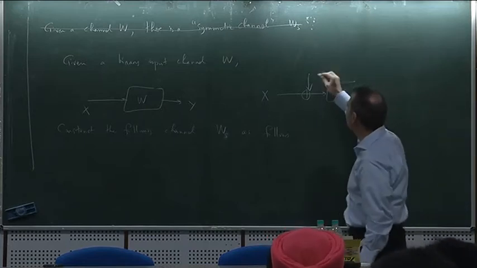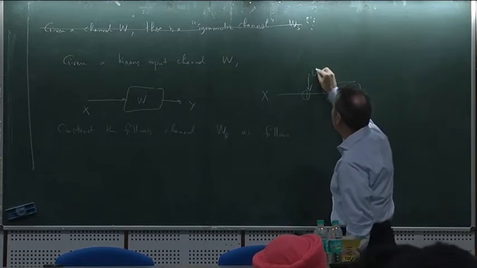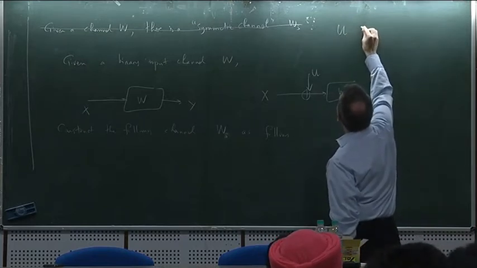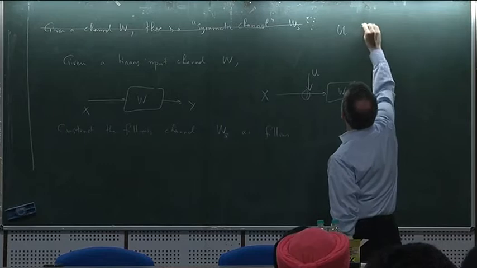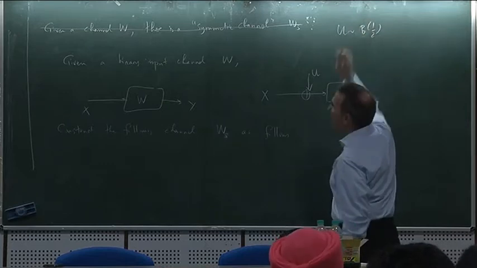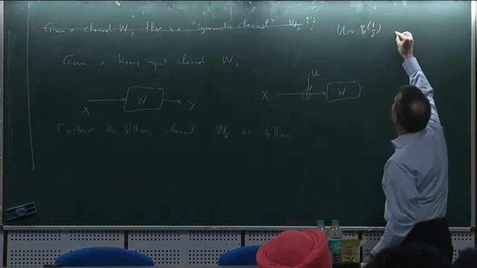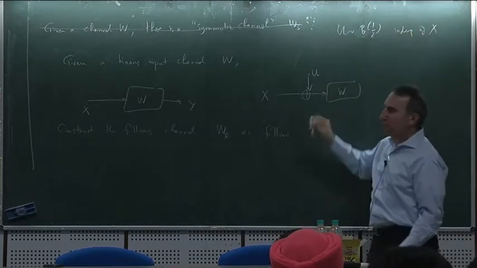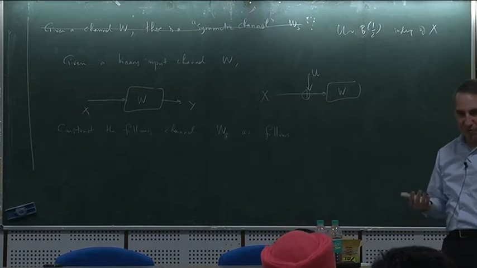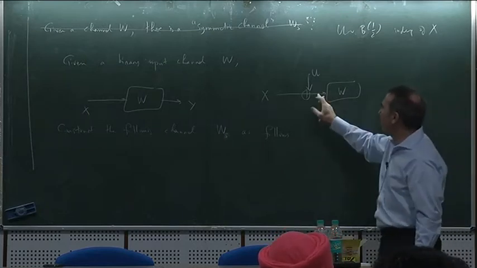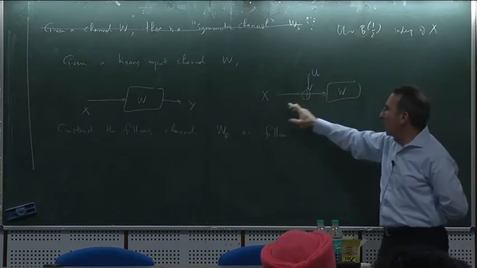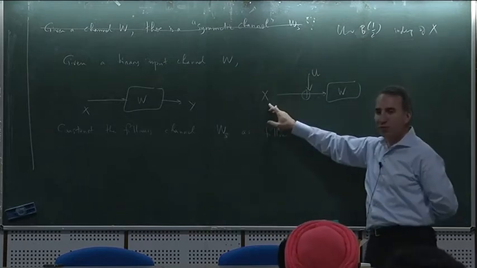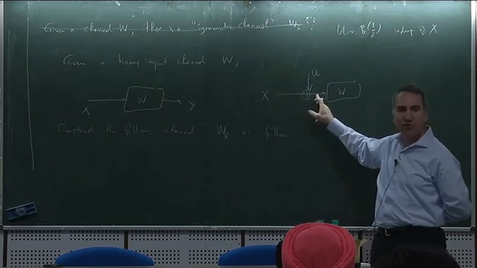I'll put here, let's say, U, a Bernoulli-half coin flip independent of X. I'll feed this to W. At this moment, you realize the following: the thing that you're feeding to the channel W has nothing to do with X anymore, because I corrupted it with a fair coin flip. Regardless of choosing X as 0 or 1, the distribution of this is the same.